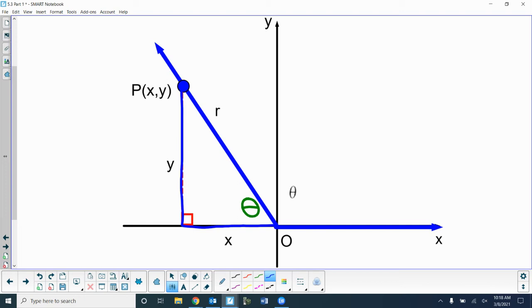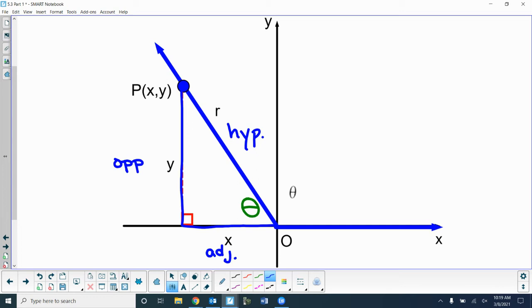So as you can see, if theta's here, the y is still the opposite side. The x is still the adjacent side. And the r is still, or will be, the hypotenuse. Once you get your picture drawn, and you put theta back here by the origin, no matter what quadrant you're in, it's always back here by the origin inside the triangle.